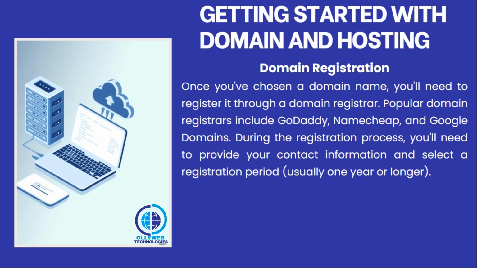Let's assume the domain name is pabel.com. Then the sub-extension for Nigeria will be pabel.com.ng. If I'm getting it for Ghana, it will be pabel.com.gh. That is a sub-extension. If the site is an international website, you just leave it as .com.